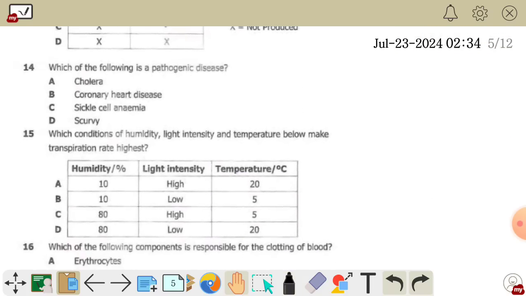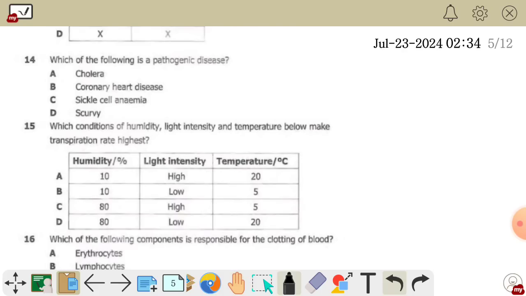So we move on to question 14. Which of the following is a pathogenic disease? A. Cholera, B. Coronary heart disease, C. Sickle cell anemia, D. Scurvy. A pathogenic disease is a disease which is caused by a pathogen, or a microorganism in short.